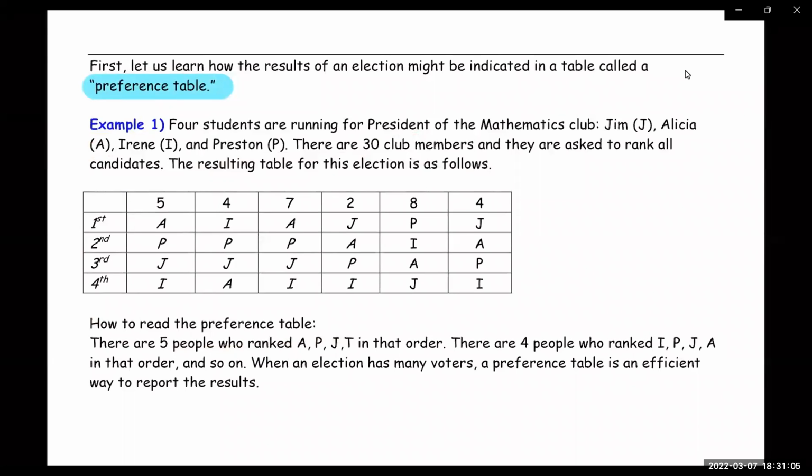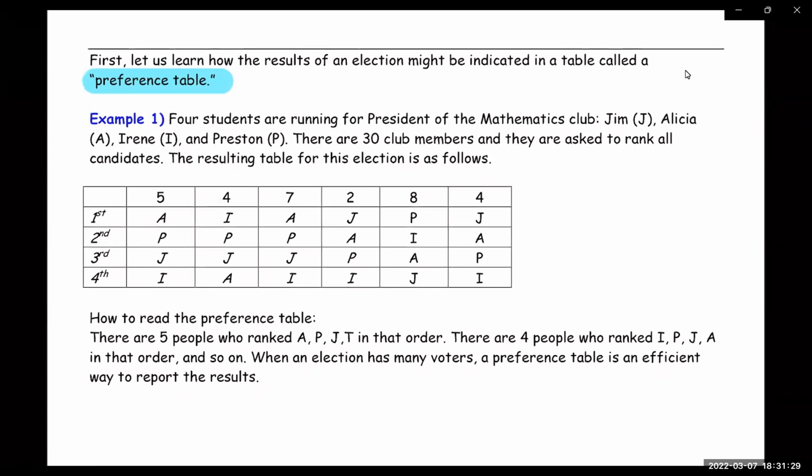So the way you would read this is that 5 people voted for Alicia first, Preston second, Jim third, and Irene last. 4 people voted for Irene first, Preston second, Jim third, Alicia last. So that's how this works.